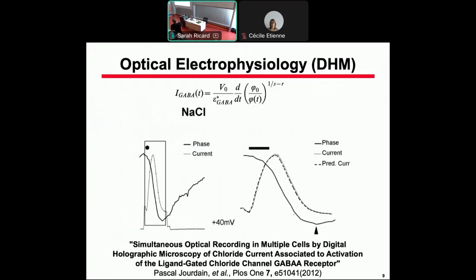And in this paper, they were able to link the GABA current directly to the phase they measure. Here you have the experiments. They did a real experiment where they measure the current. This is the phase, and this is the predicted current at the time. In this equation there are a few terms which have to be calculated. You have an optical measurement of an ion flux.